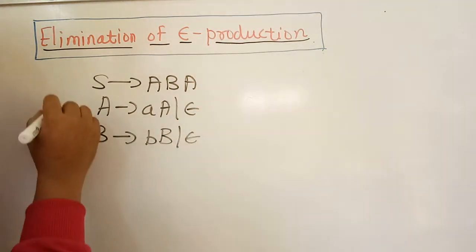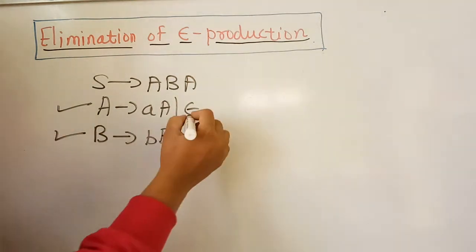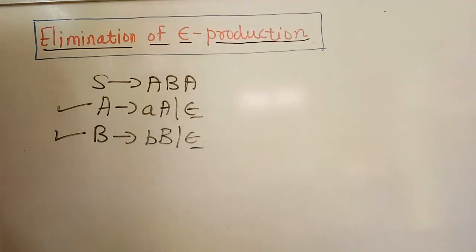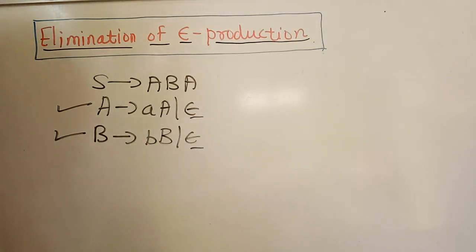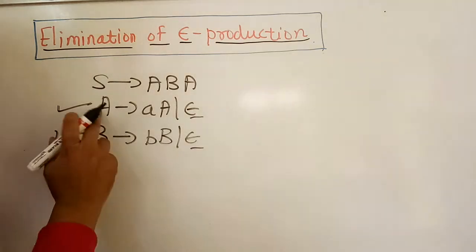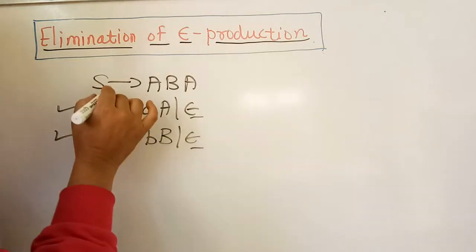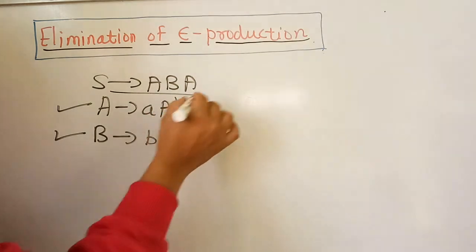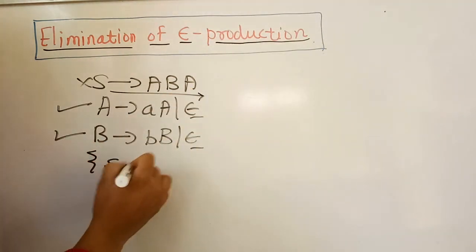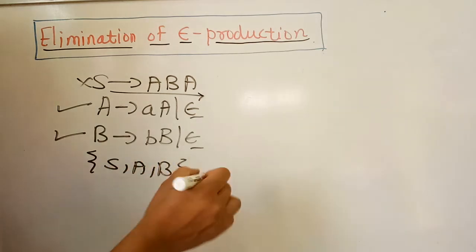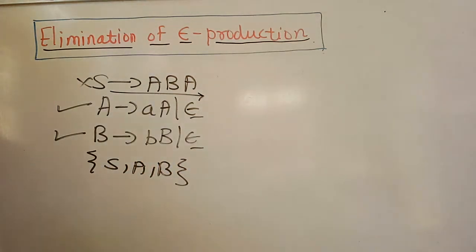Now, clearly A and B are giving the production of epsilon, so A and B are nullable symbols. As A and B are nullable and they are in the starting non-terminal's production, S is also nullable. So all the symbols or variables are nullable. Means this whole grammar is nullable.